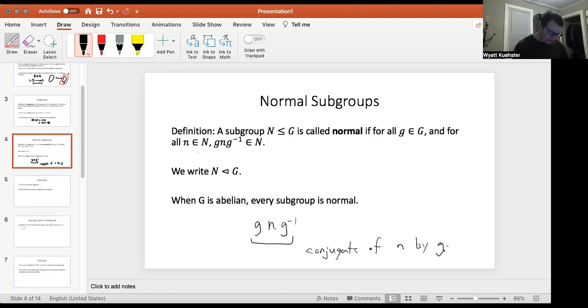And the condition is that the conjugates of elements of the normal subgroup by elements of G land back in N. Obviously, if you conjugate by elements of N, you'll land back in N because N is a subgroup. But the condition is that it's closed under conjugation by G. So that's the special thing. And we write this special symbol.